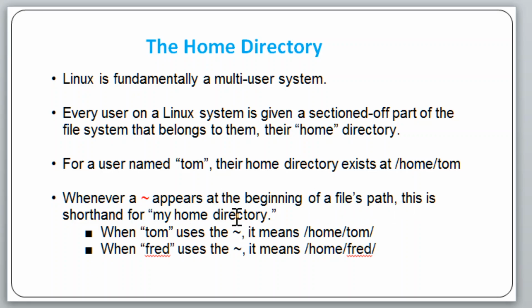So when Tom uses the tilde, it means /home/Tom, and when Fred uses it, it means /home/Fred. That tilde is nice if you're far into directories and you just want to go back to your home directory. You can just put that as opposed to typing in the whole home directory path.